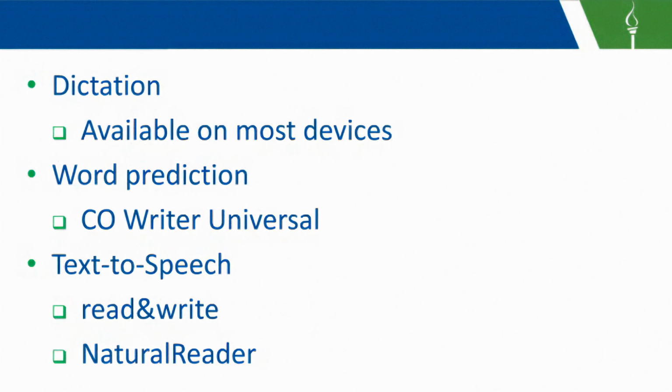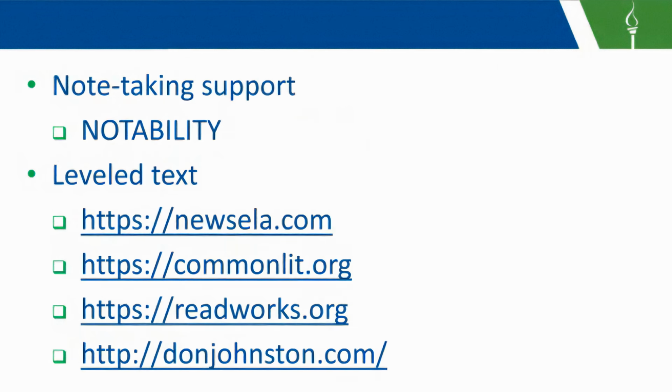Text-to-speech such as Read and Write or Natural Reader can be downloaded to assist with, again, writing or report making. For note-taking support, Notability is an app that can be downloaded and used to support that need.